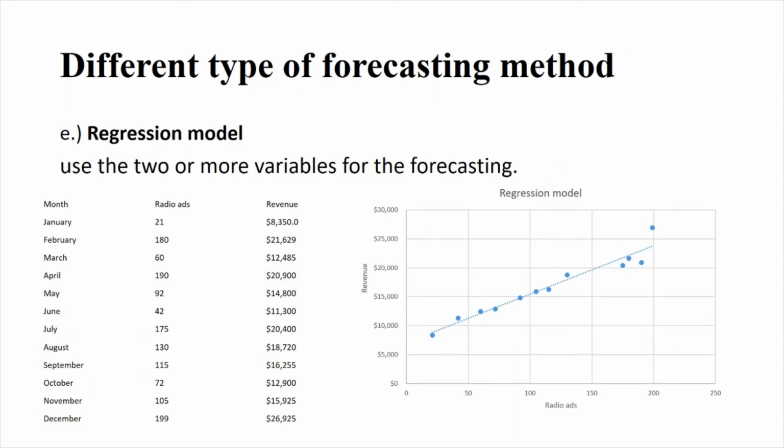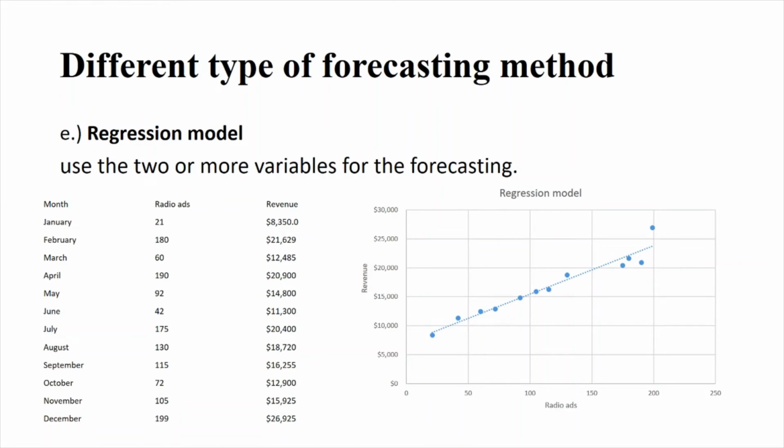Next is the regression model. This is very simple but very different from other forecasting models, because in this model we use 2 or more variables for the forecast and they can be related with each other. Just think about a company that makes 3 products: marker, pen and color pencil.